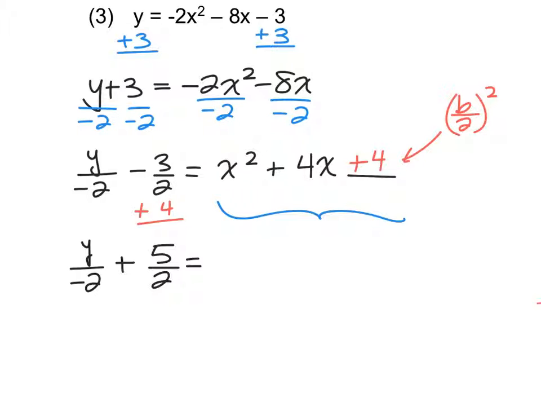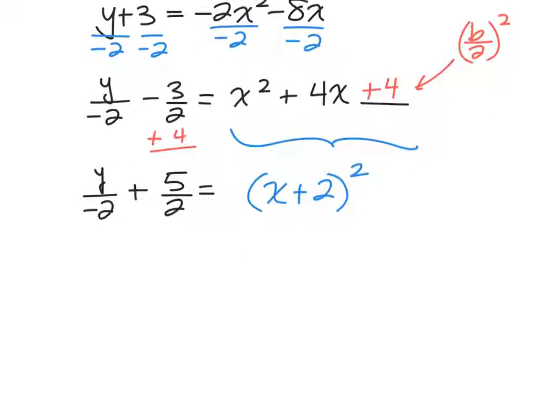All right. Right-hand side, factors. x plus 2 is a quantity squared. Now, the rest of it is just getting y alone. So let's multiply by -2.